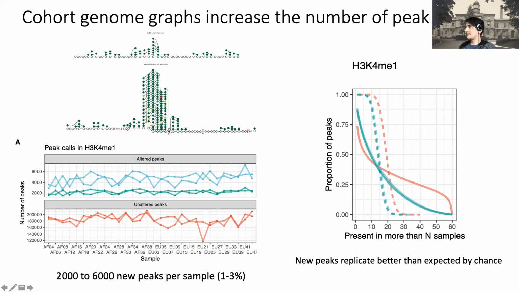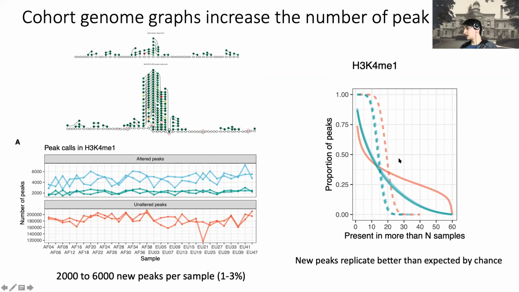And again, we found that downstream it has an impact. So by using a more representative genome reference, we detect more epigenomic events than before. So for each individual, on average, we identify 2,000 to 6,000 new epigenomic peaks or events per sample.